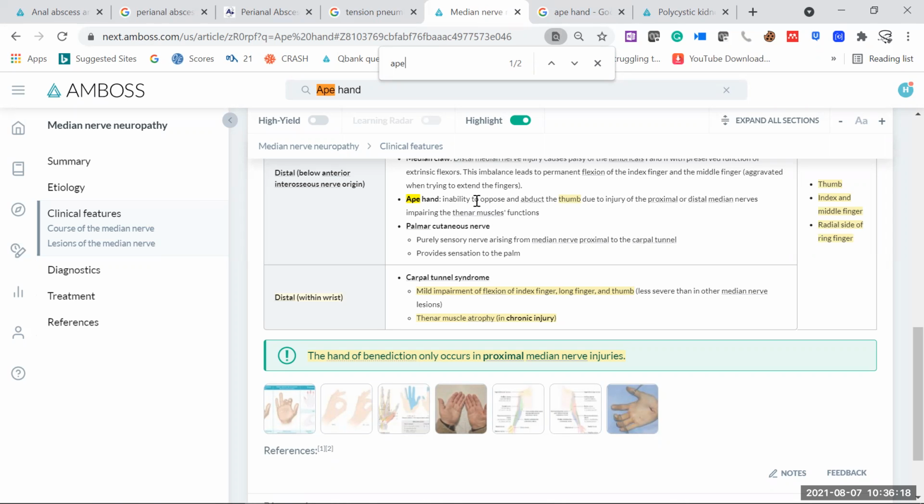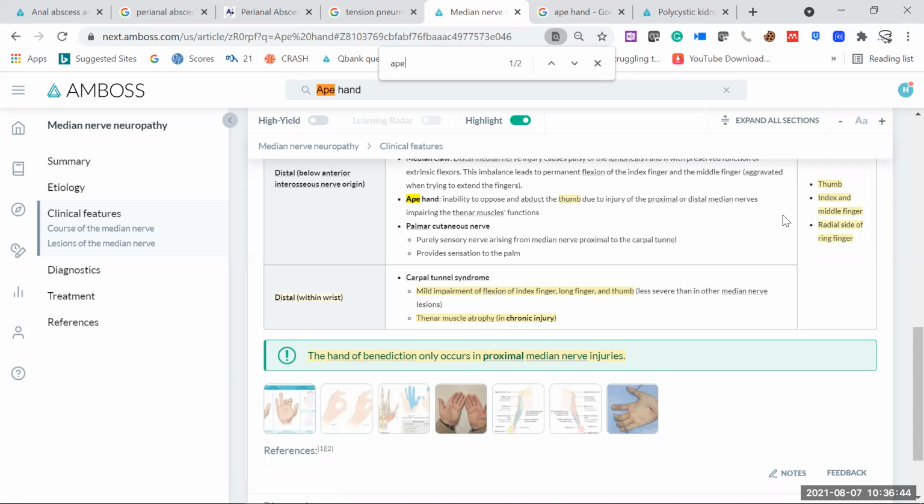So there is inability to oppose and abduct the thumb. Abduction means away from the midline, and adduction means towards the midline. And opposition is the way we count, putting the thumb against the little finger. This phenomenon is lost due to injury to the proximal or distal median nerve.